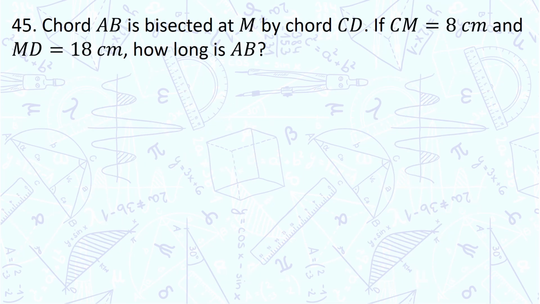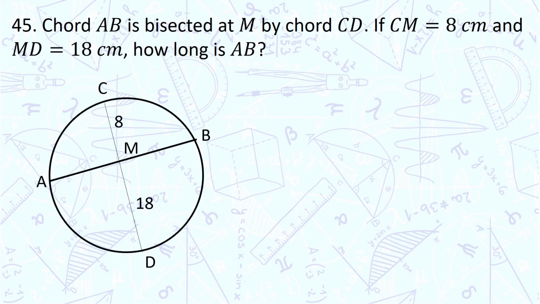Number 45. Chord AB is bisected at M by chord CD. If CM equals 8 centimeters and MD equals 18 centimeters, how long is AB? Let's draw the figure. So we have two chords intersecting at the interior of the circle, where CM is equal to 8, MD is equal to 18, AM is equal to BM, since AB is bisected.